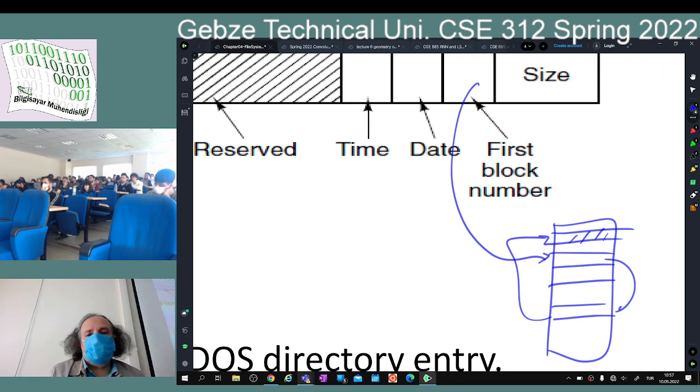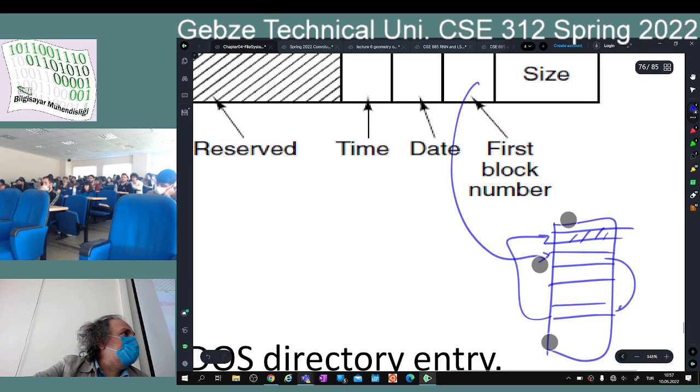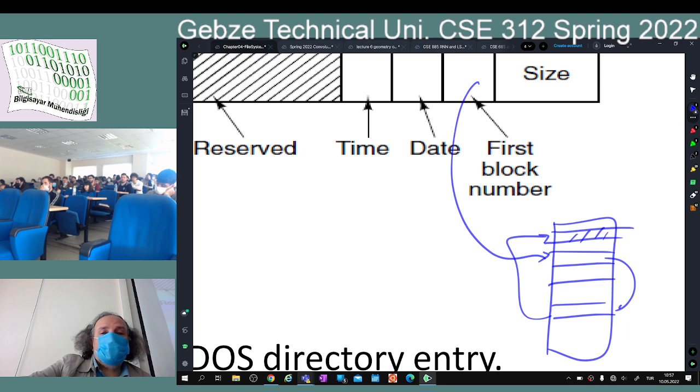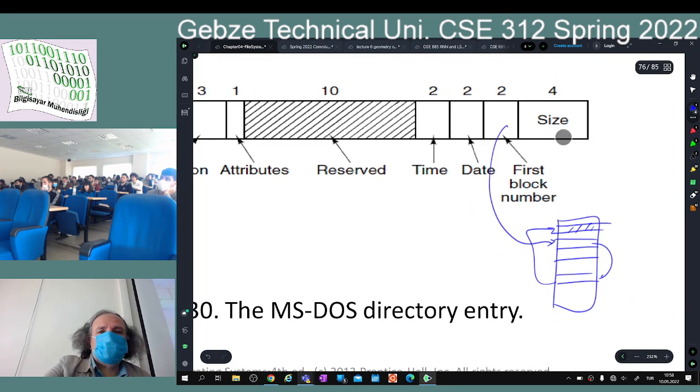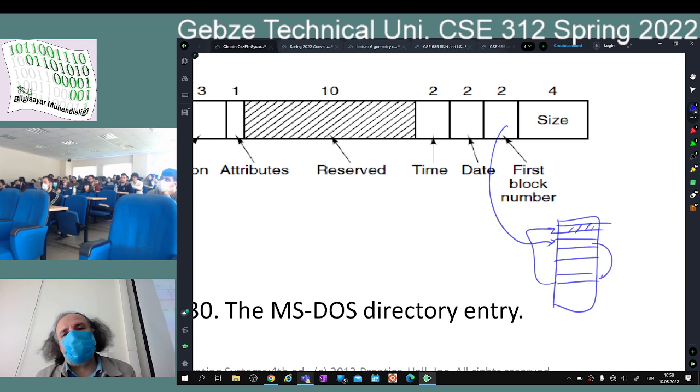Actually, we have seen this. I always keep this in my main memory. That's why you don't want this to be very large. If it is large, then you will run out of your main memory. We talked about this. This is the first block, and this is the size, I guess in terms of blocks.